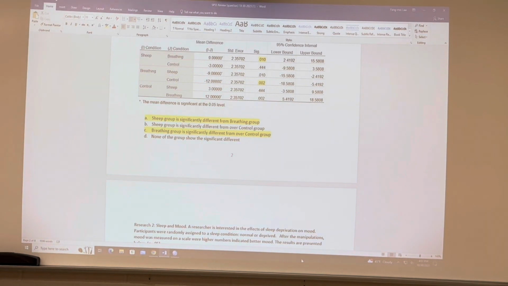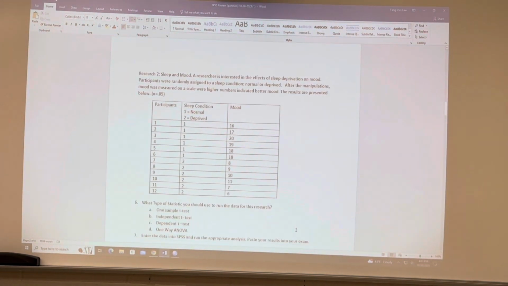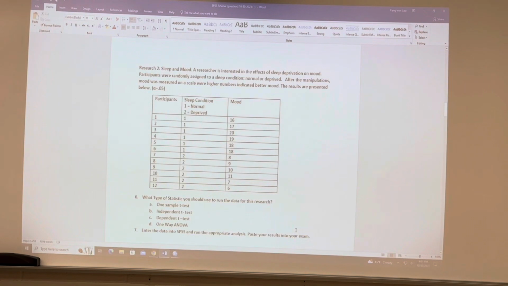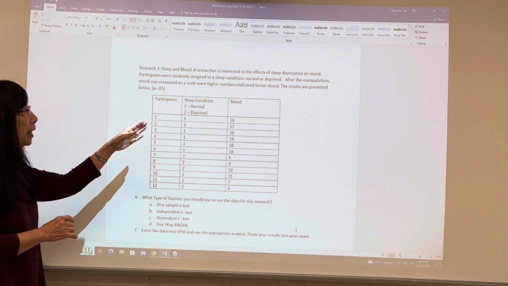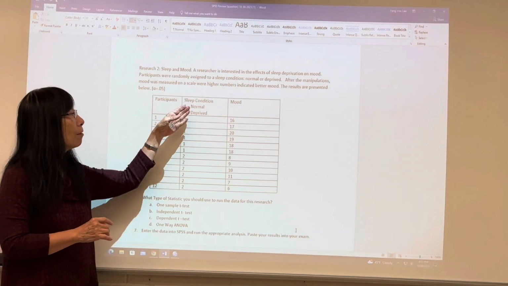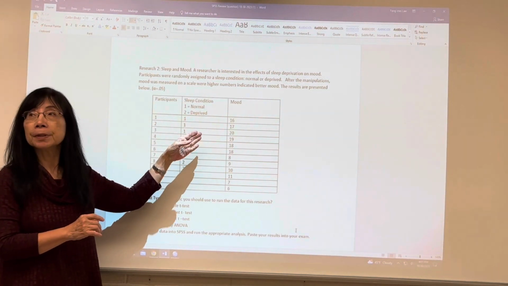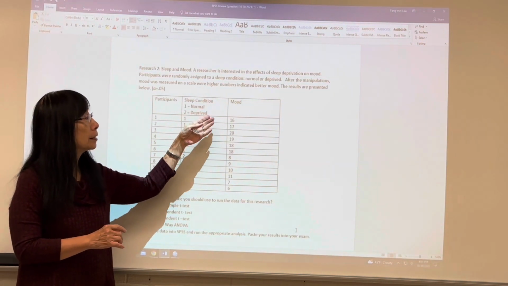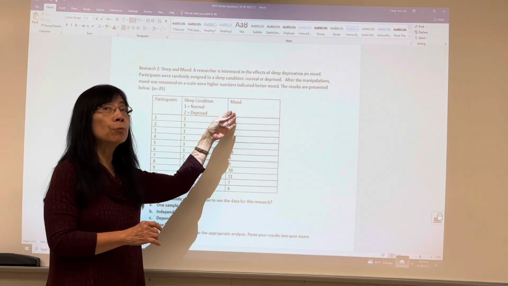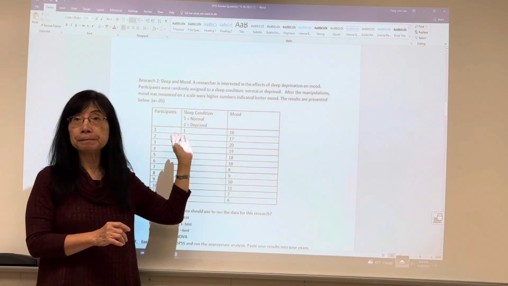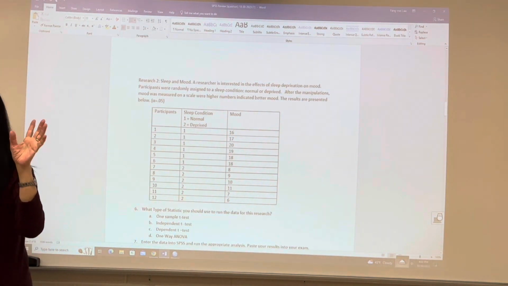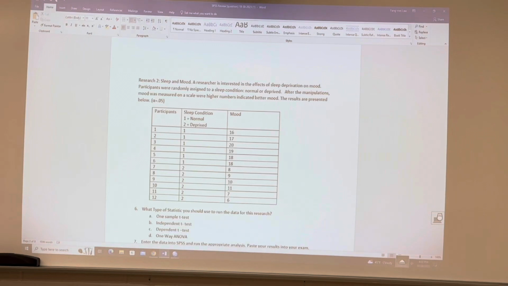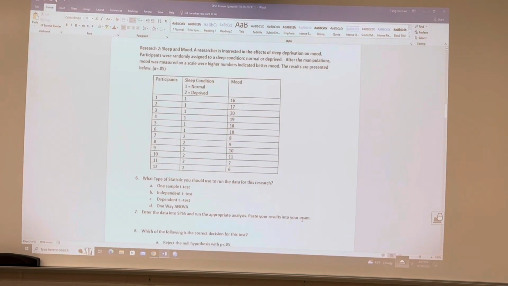Okay, so now let's go to number 2. Number 2 is a similar study, but this time to see how people sleep, either normal or deprived, and how their mood will be different. If the first question is one-way ANOVA, how about this one?